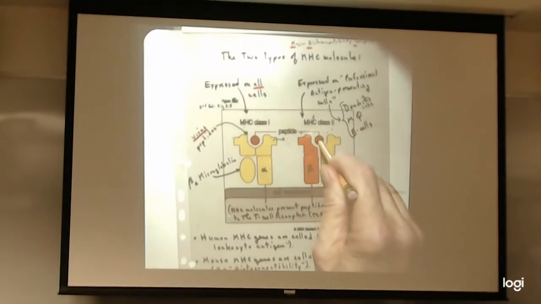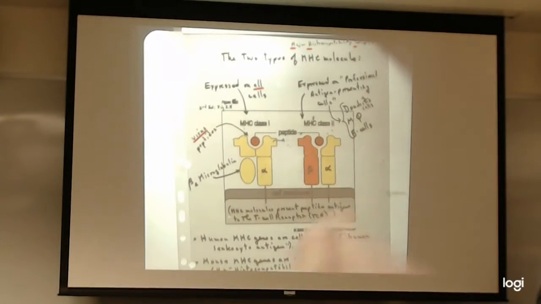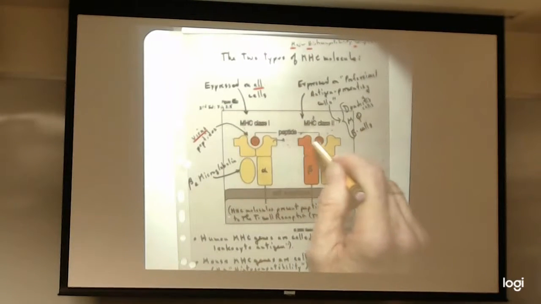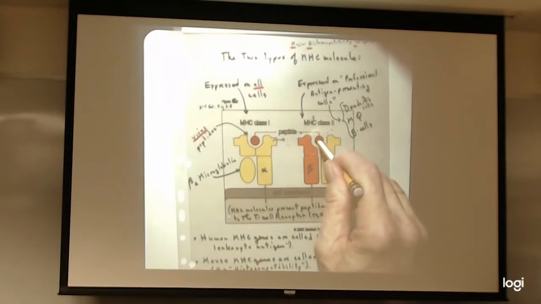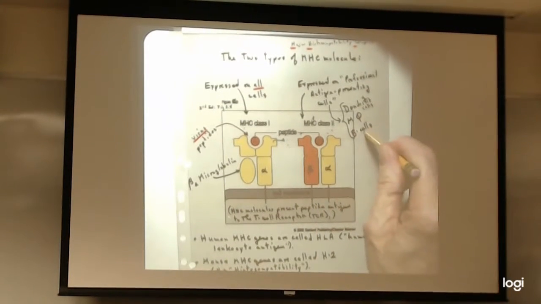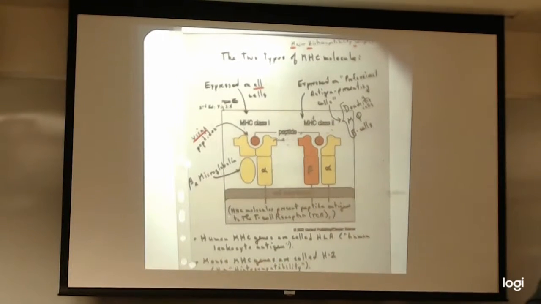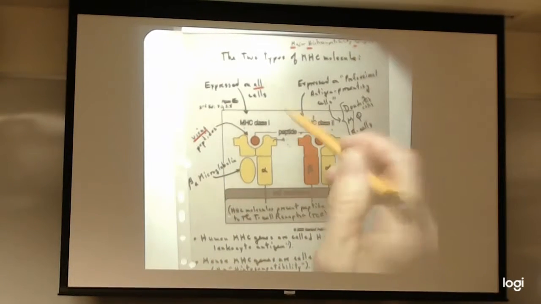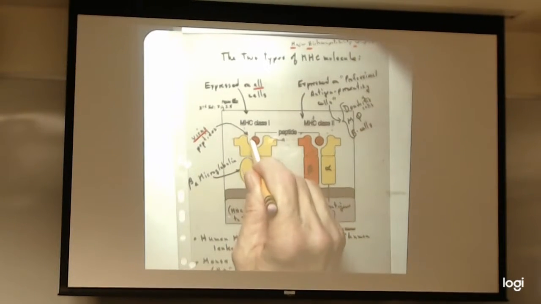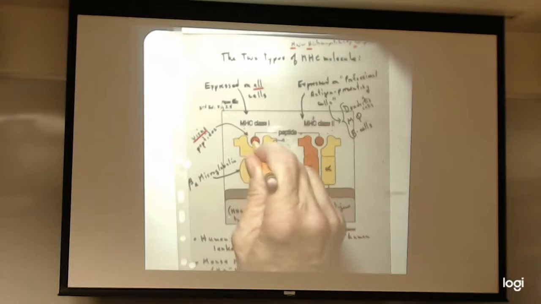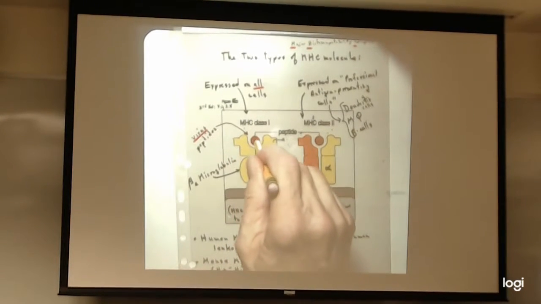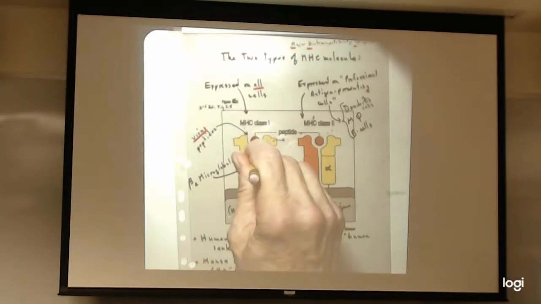Extracellular antigen is brought into these cells, degraded, and then put onto the MHC molecules. So this is antigen derived from stuff that's outside of the dendritic cell or macrophage or B cell, brought in and then loaded onto the MHC, brought back out and presented on the cell surface. For class 1, the peptide is derived from cytoplasmic proteins, or cytosolic proteins, and it's virus infections we're talking about here.